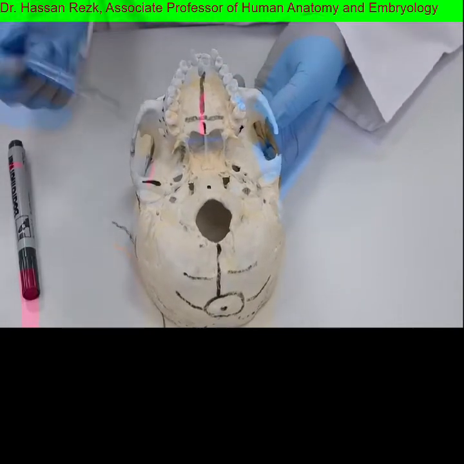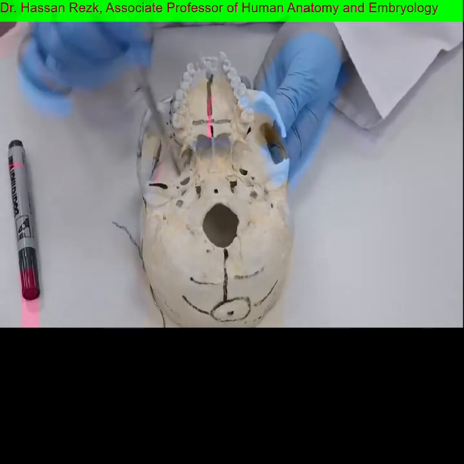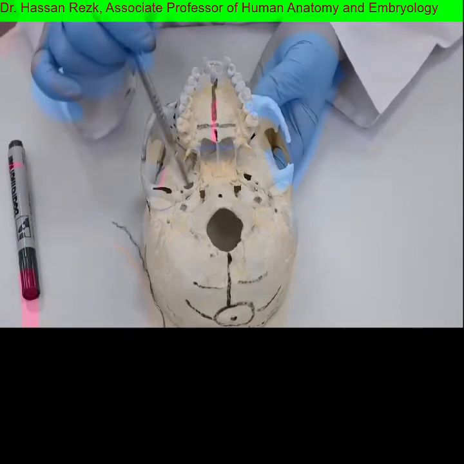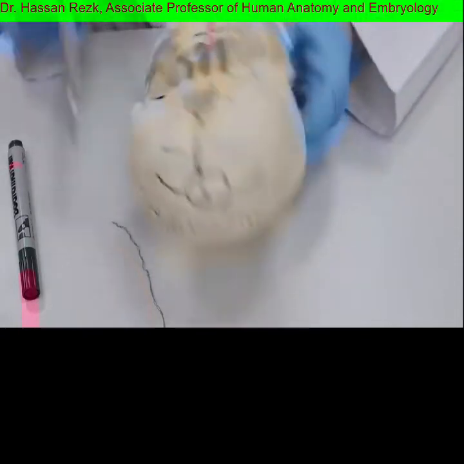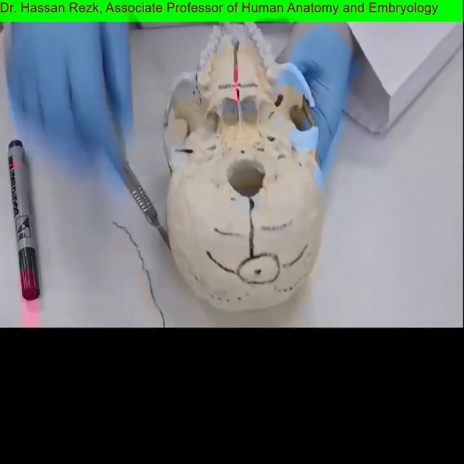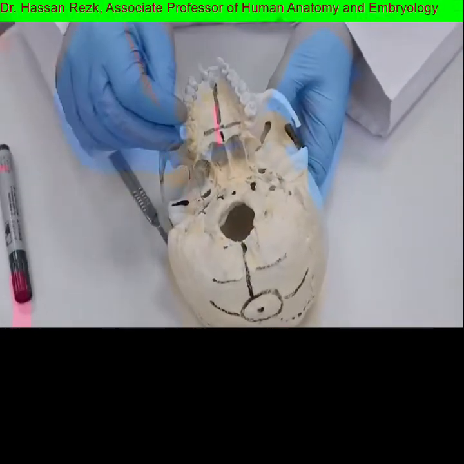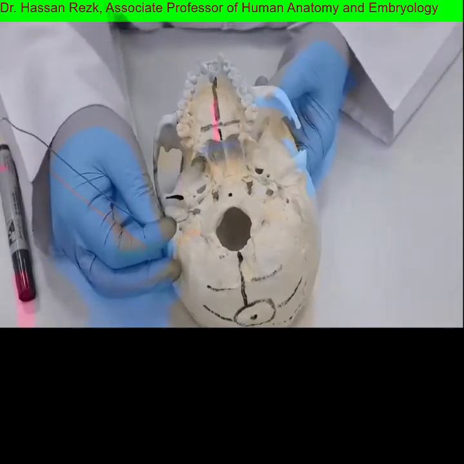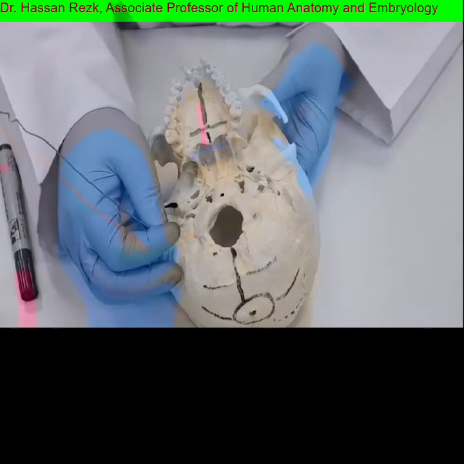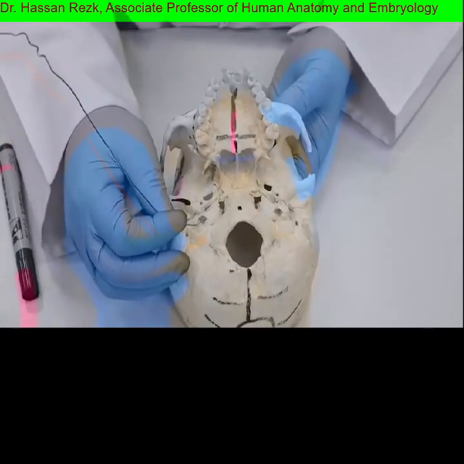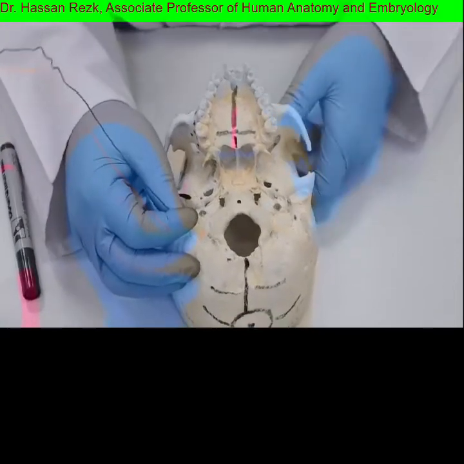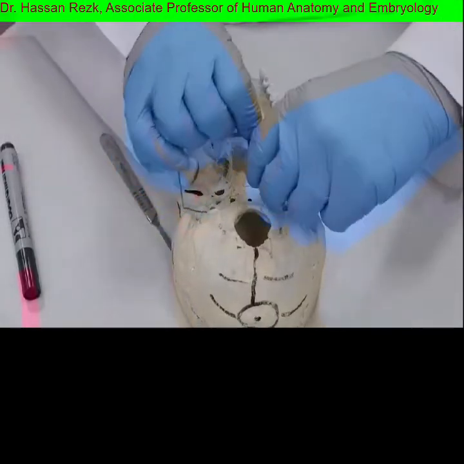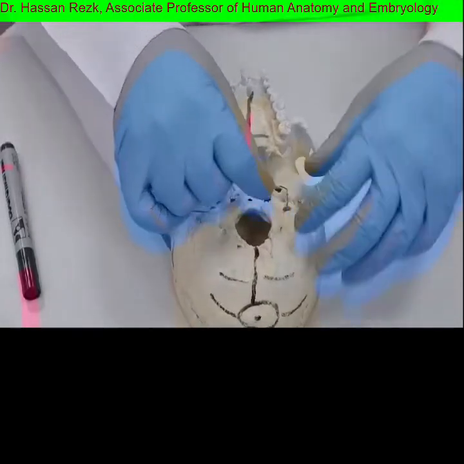As I mentioned before, the majority of the foramina present in the norma basalis externa communicate with the norma basalis interna directly, except this foramen. This foramen communicates indirectly with the norma basalis interna. This foramen is on one side, and the same foramen on the opposite side.